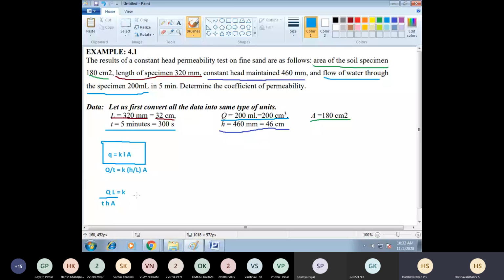So K is equal to Q into L divided by T into H into A. So what is the value of K?